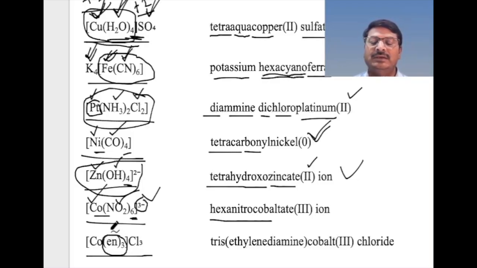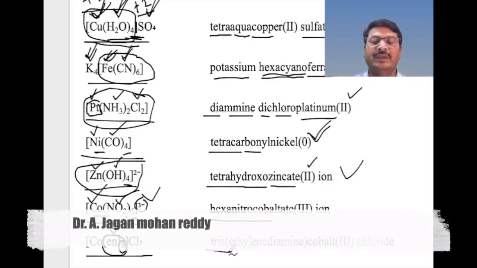In that case, when you are going to write this number 3, generally if the number of ligands is 3, you write tri. But if it is a bidentate or tridentate ligand, instead of tri, you write tris. So bis, tris, like that you have to use. It is the indication of a bidentate or tridentate ligand.